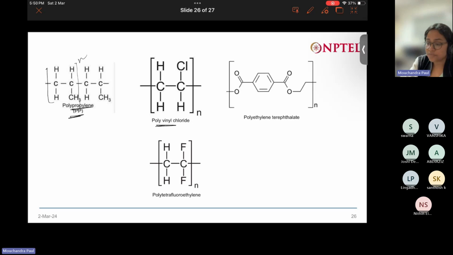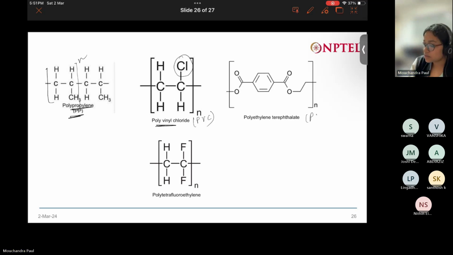This is n here. This is a monomer of polypropylene. All are carbon and hydrogen only, no oxygen present. When you look at polyvinyl chloride or PVC, there is a chloride atom present. Okay, no oxygen atom present.